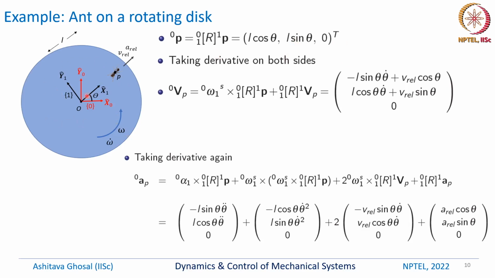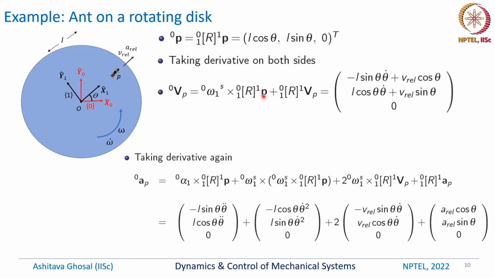If you take the derivative of both sides, the derivative of the position vector is the velocity of this ant, and that can be written as omega cross r plus the velocity of the ant itself. We need to make sure that we add these two vectors in the right coordinate system, so we have to pre-multiply here with a rotation matrix and here also with a rotation matrix.